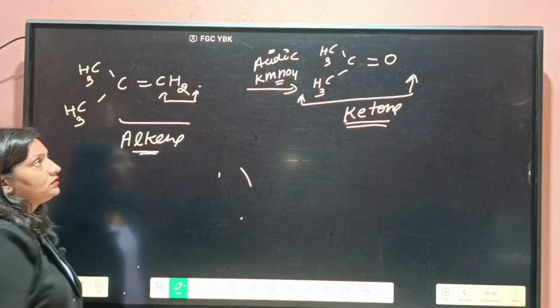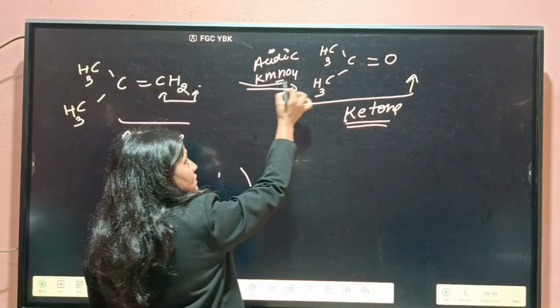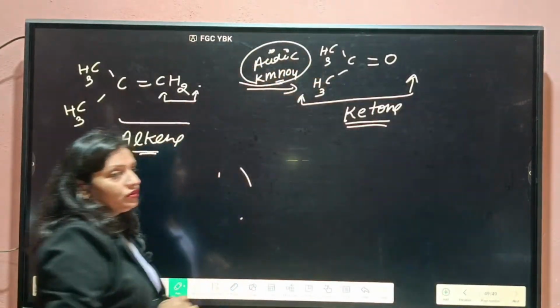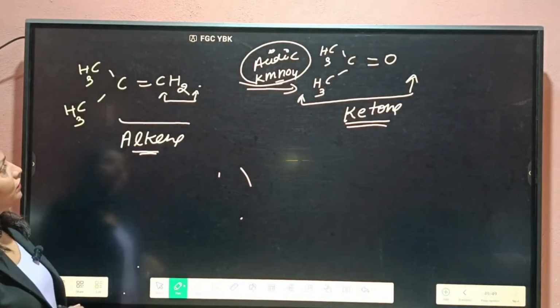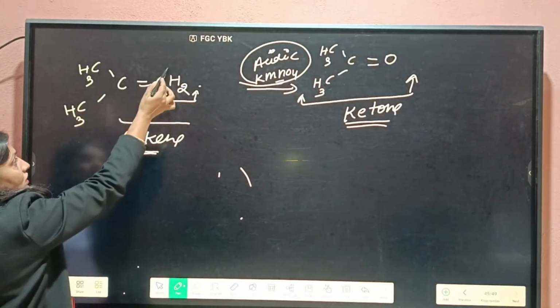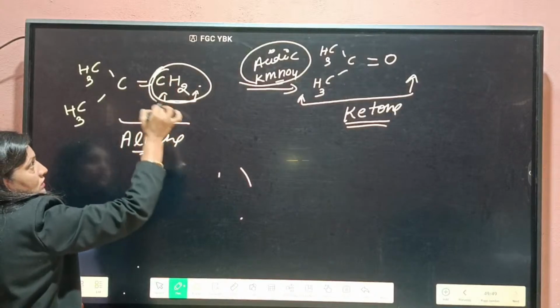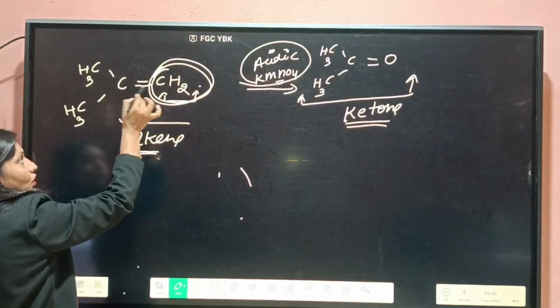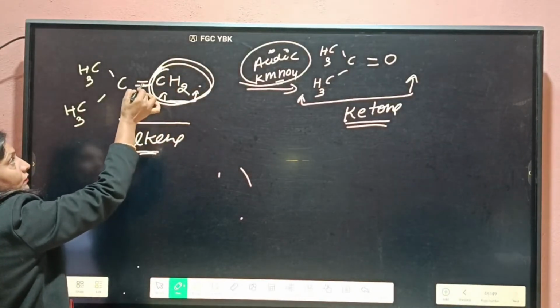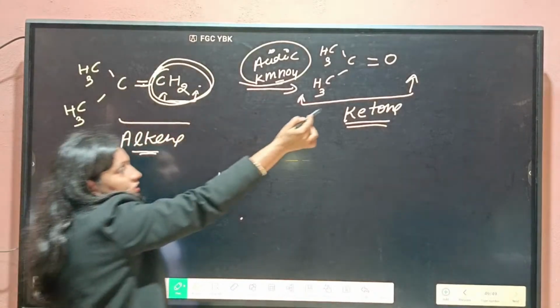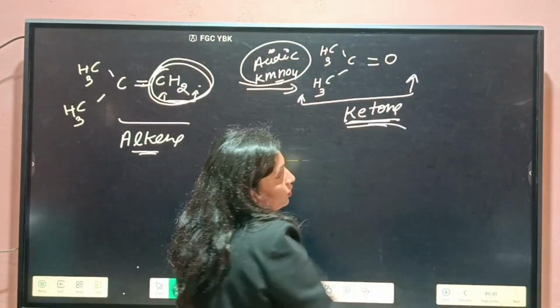If we do reaction in presence of acidic KMnO4, then this bond will break and it forms this bond with oxygen and we get ketone here.